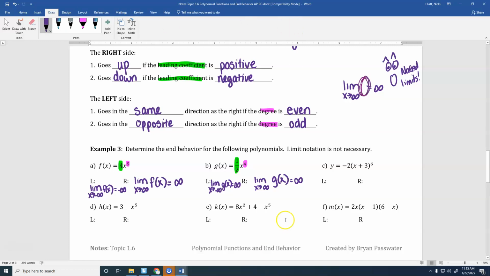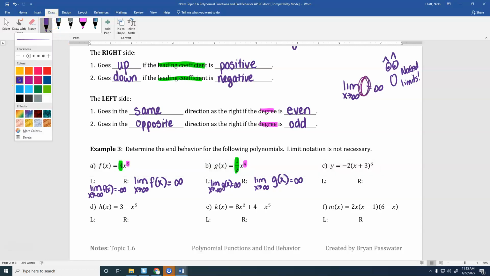Okay. We're going to skip around just a little bit here. Let's look at C. C is not multiplied out, but raising x plus 3 to the 6th power would be a terrible feat to have to accomplish. We are going to learn a shortcut on it in this class later, but it's still not fun.